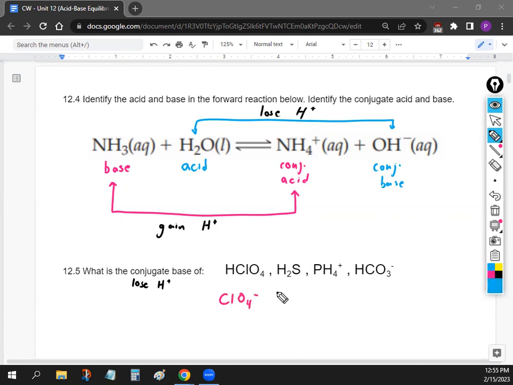Take away H plus from this, and it'll be HS minus, because you're losing a positive charge. For this one, it's just PH3, because it was positive, so it goes down to neutral. And last, this one is going to be CO3 2 minus. That's the conjugate base. If I ask for the conjugate acid, you would just add an H plus to it.